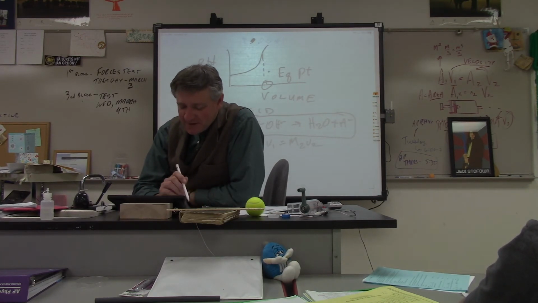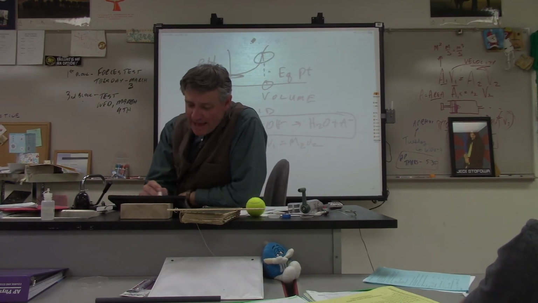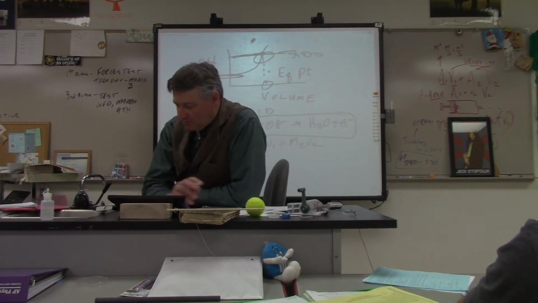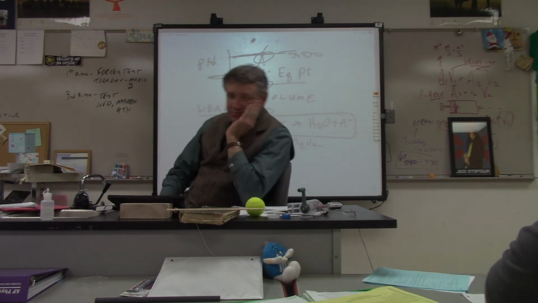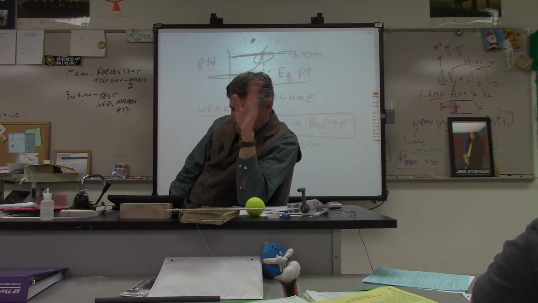Okay. So, now, if this is a weak acid, is that equivalence point going to be at or above 7 if you're titrating it as a weak acid? Above 7. Why? Weak acids start with a higher pH. Well, no, that is true, but that isn't why.